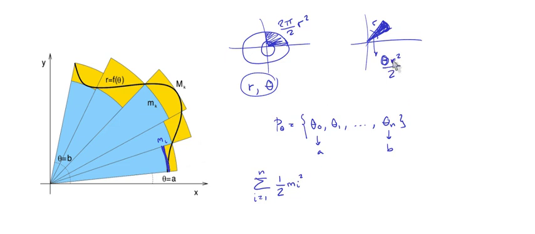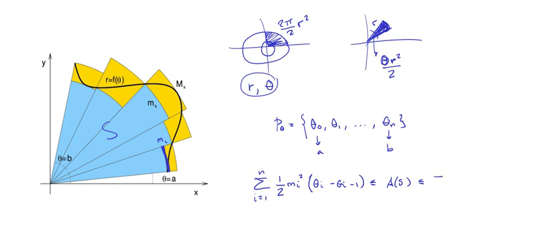That's the formula for the area of the circular sector, and then times the angle. But the angle is just theta_i minus theta_{i-1}, right? This is what we had done for our Riemann sums, and this is going to be smaller than the area of this form.